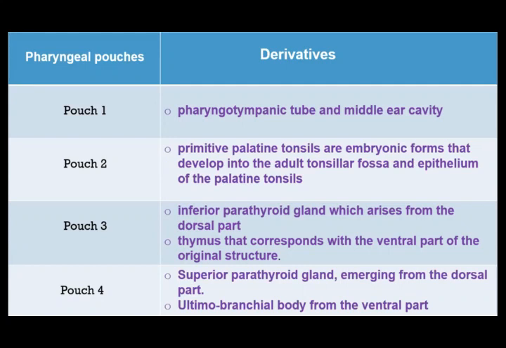Calcitonin is a hormone that stops the activity of the osteoclasts, or you can say it prevents the resorption of the bone.